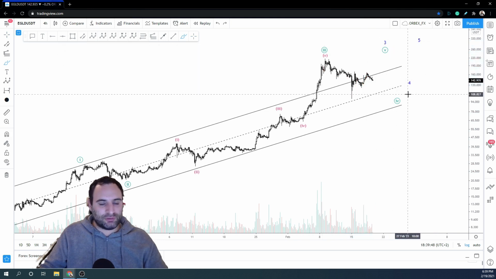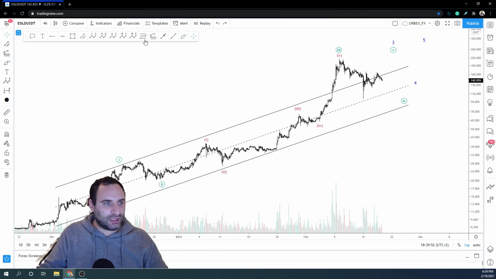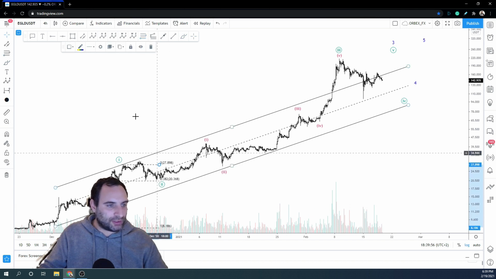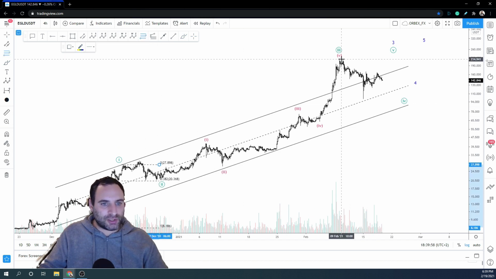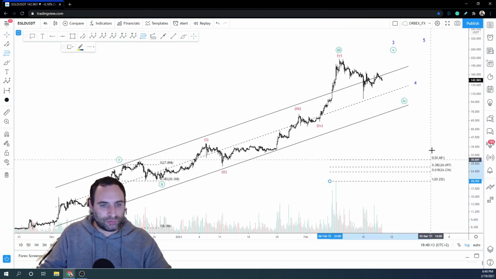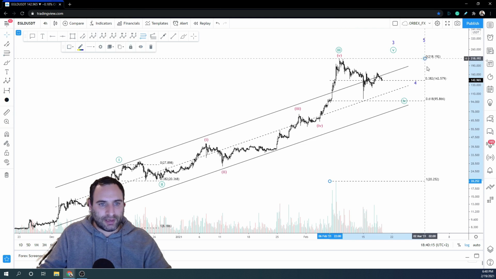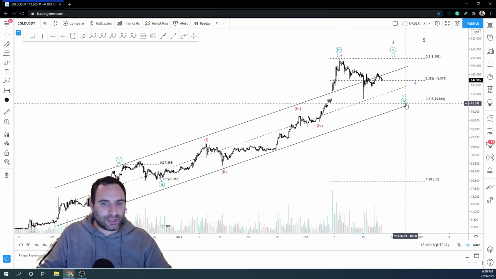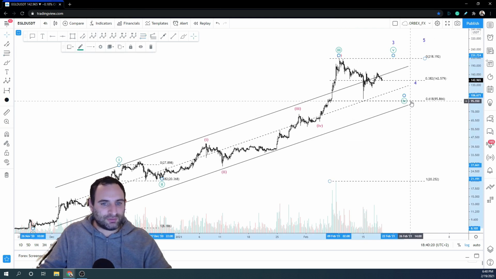In case we're going to move lower, it means probably, and let's have a quick look also on this correction over here. We have the 38.2, so we're going to go from 2 to there, right? So that would make very good sense to me that we're going to go down to 95.86 because we did the 38.2 Fibonacci.